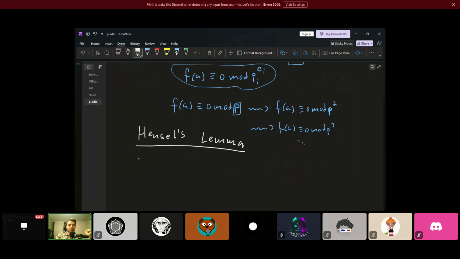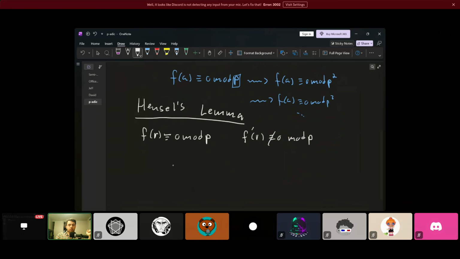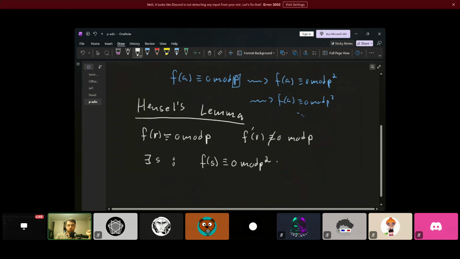But Hensel's lemma basically says, if you have a root, so r is a root of your polynomial f mod p, and if the derivative of your polynomial is non-zero mod p, then there exists some s such that f(s) is congruent to 0 mod p squared.